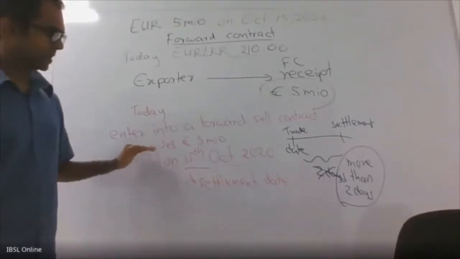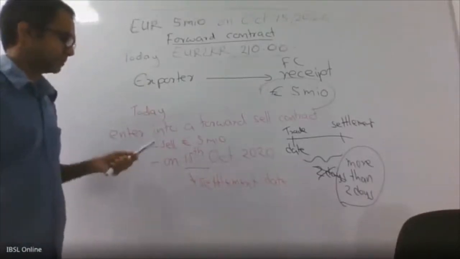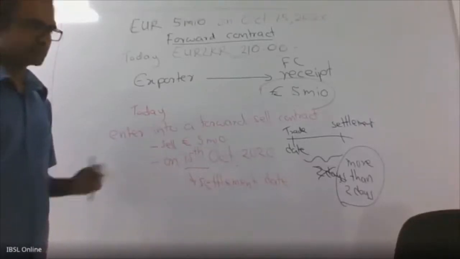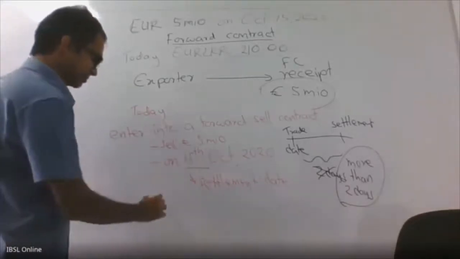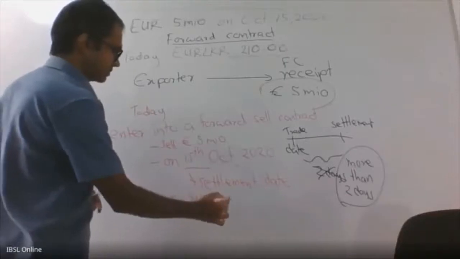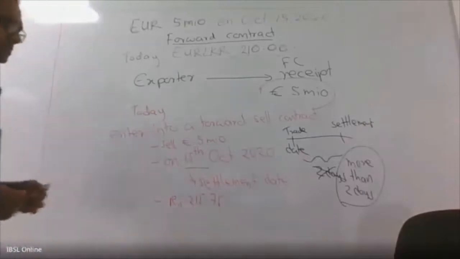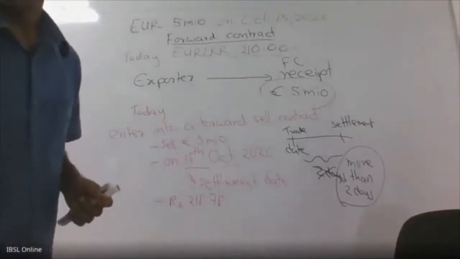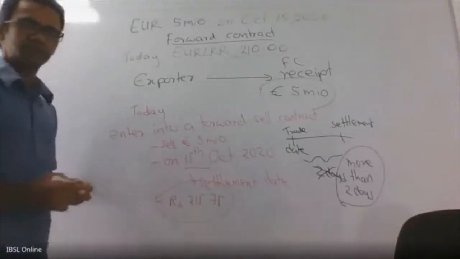Then the question is, at what rate will this exporter sell this euro? The bank will give a quote. So assume that is 215.75, or whatever the figure given in the presentation. How does the bank derive this price?